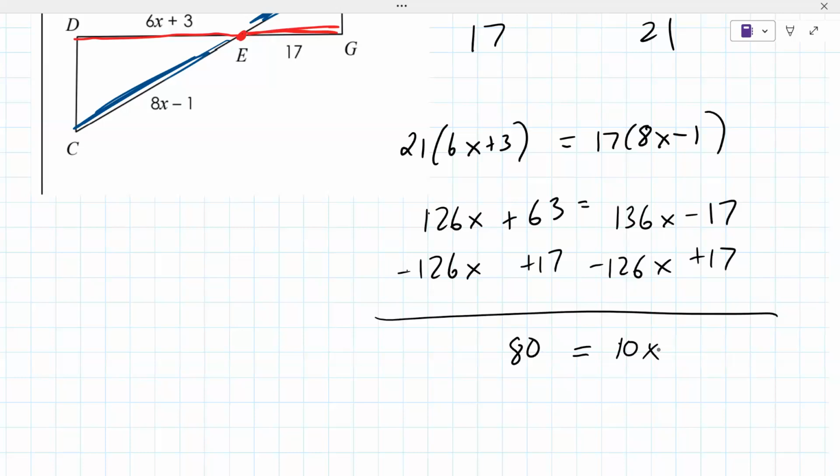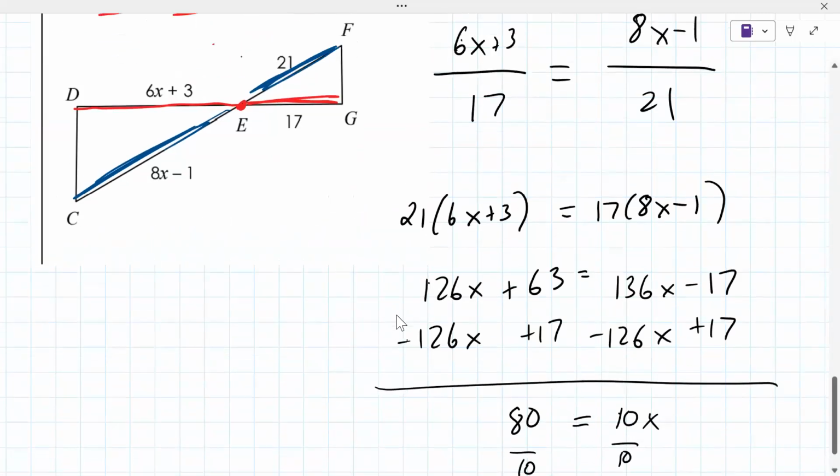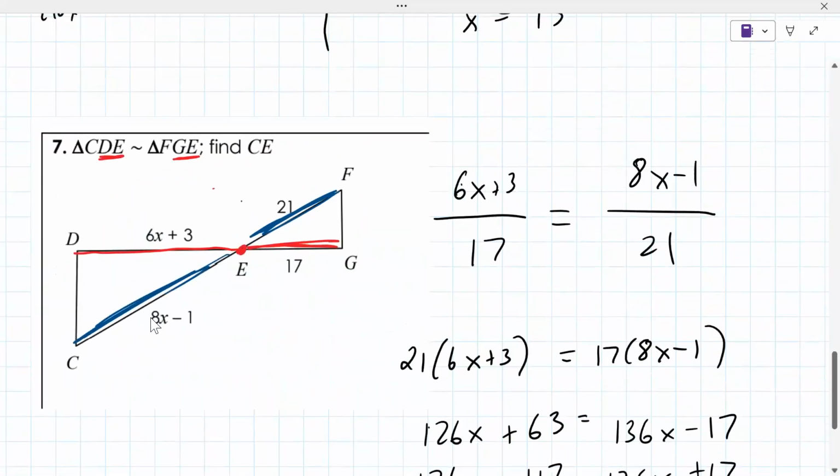Okay. And then from here, how do you solve for x? How do you undo that 10 in front of the x? Then you divide by 10. Divided by 10, x equals 8. Great. Now we've got to go back and let's say CE this time.